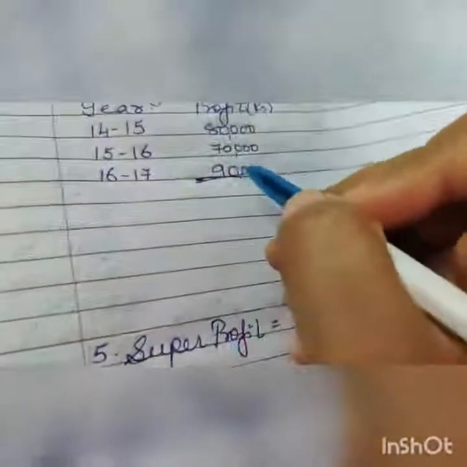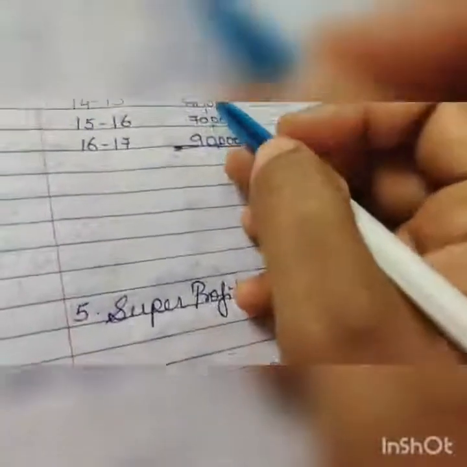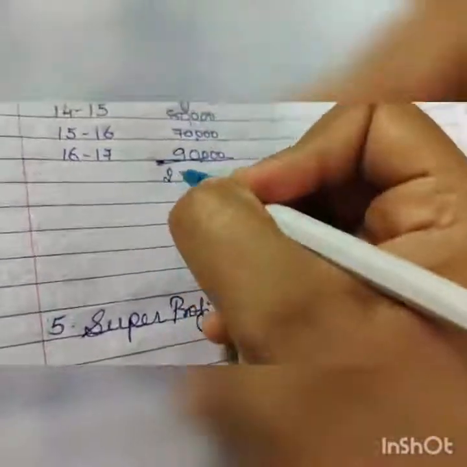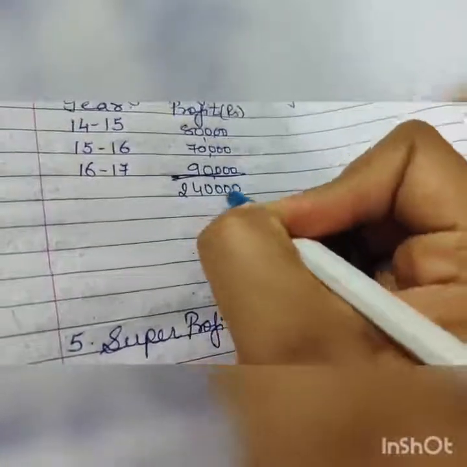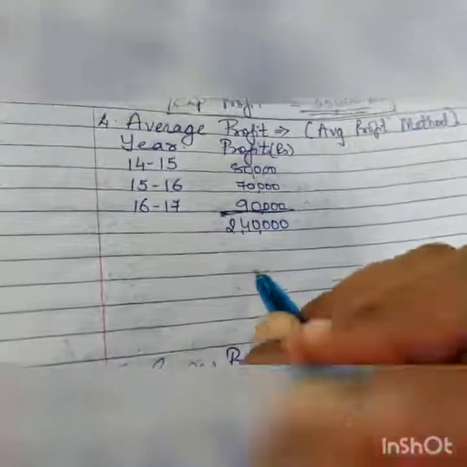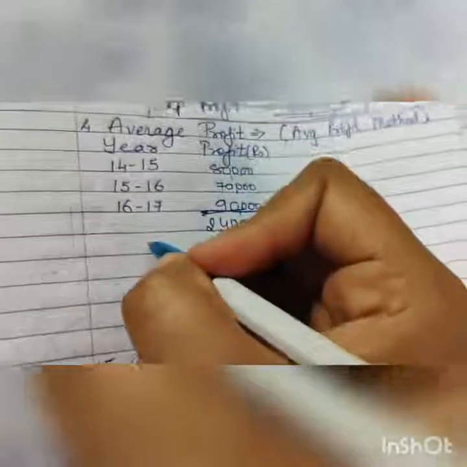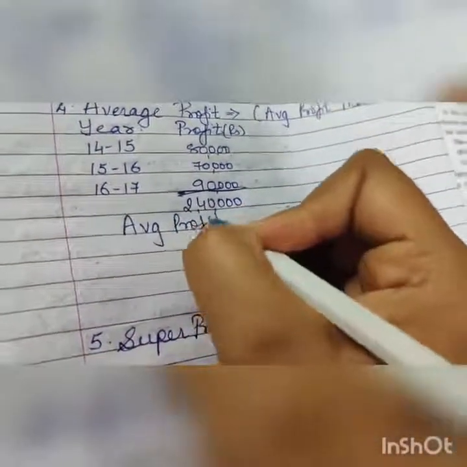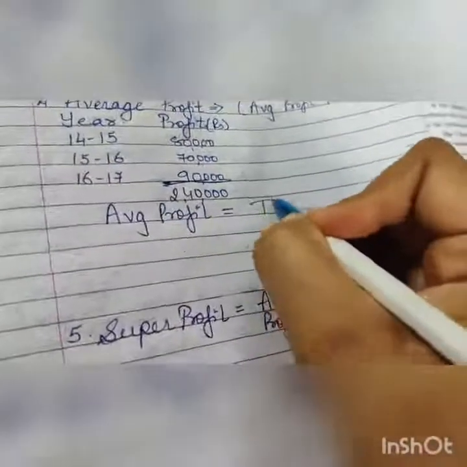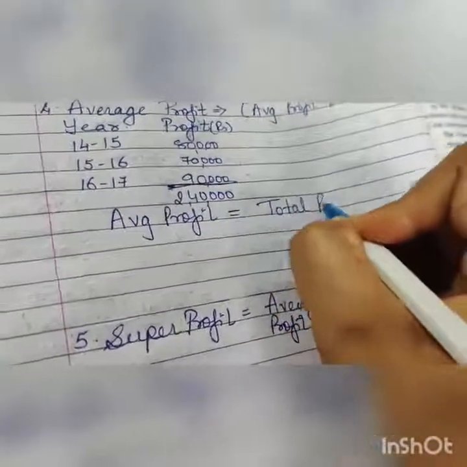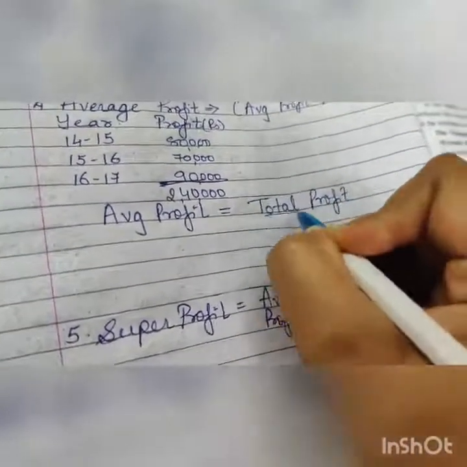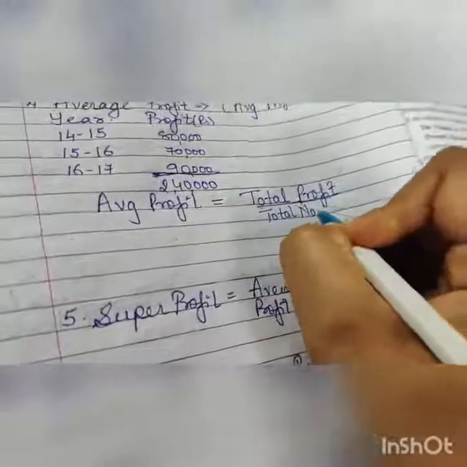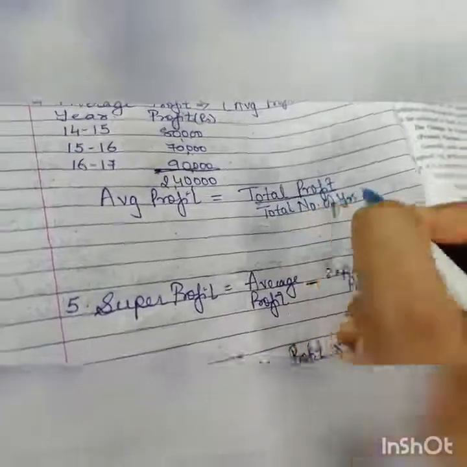So what is the total profit here? Adding 80,000 plus 70,000 plus 90,000, you get 2,40,000. Clear? This is your total profit. Now we will write down the formula: average profit is equal to total profit upon total number of years.